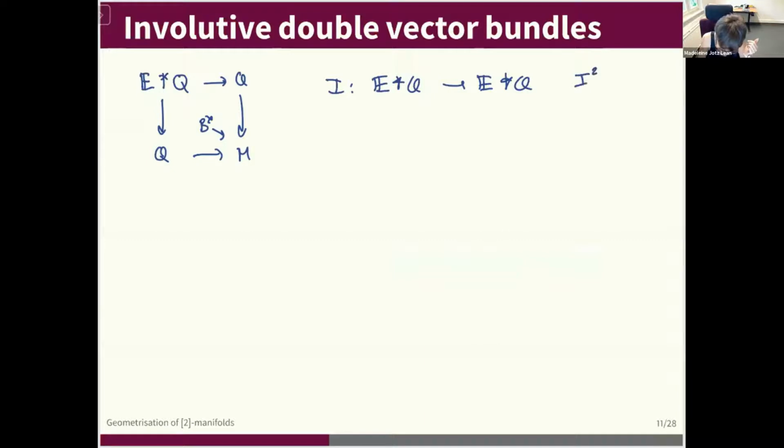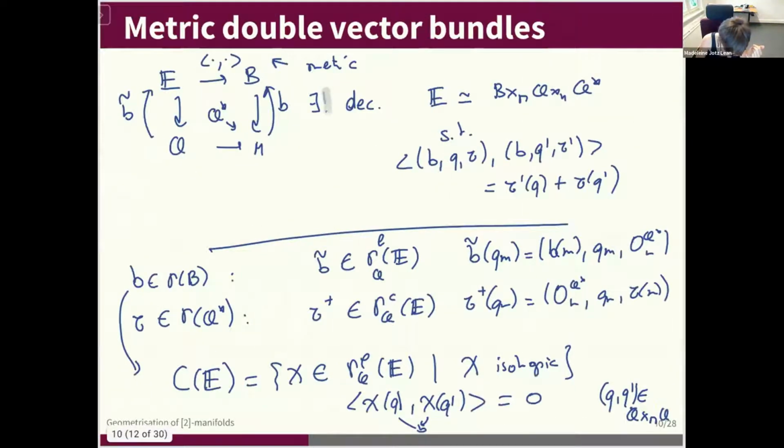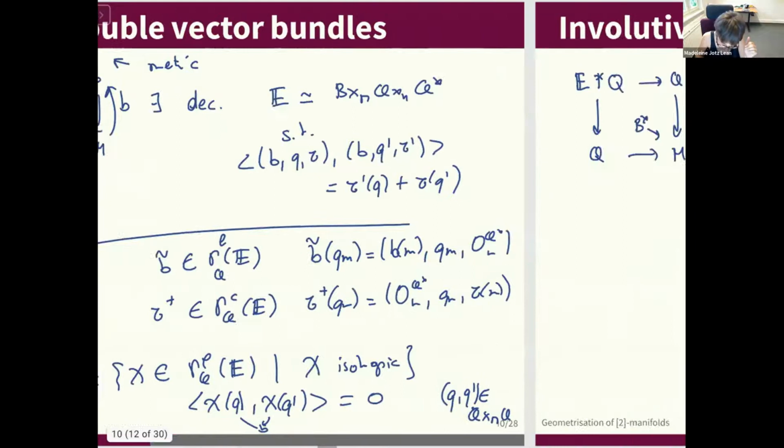squares to, wait, no, let's just write it differently. Which squares to the identity, and which in a, no, not one. Sorry. No, I said exactly one, but there exists a decomposition, not just only one.